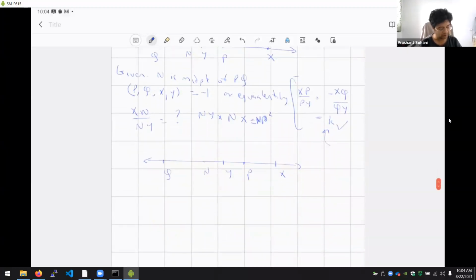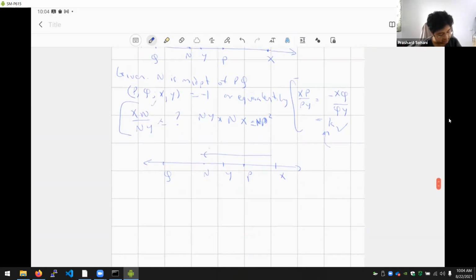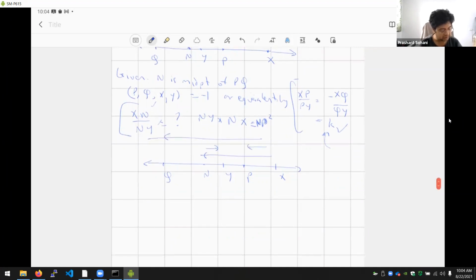So then let me just compute everything. I am interested in the ratio XN upon NY. So if I compute the length of XN and the length of NY, then I will get everything I want. To find this, if I find XP and XQ, then obviously XN is nothing but XP plus XQ upon 2. So all I need to do is find XP and find XQ. And can I do that?